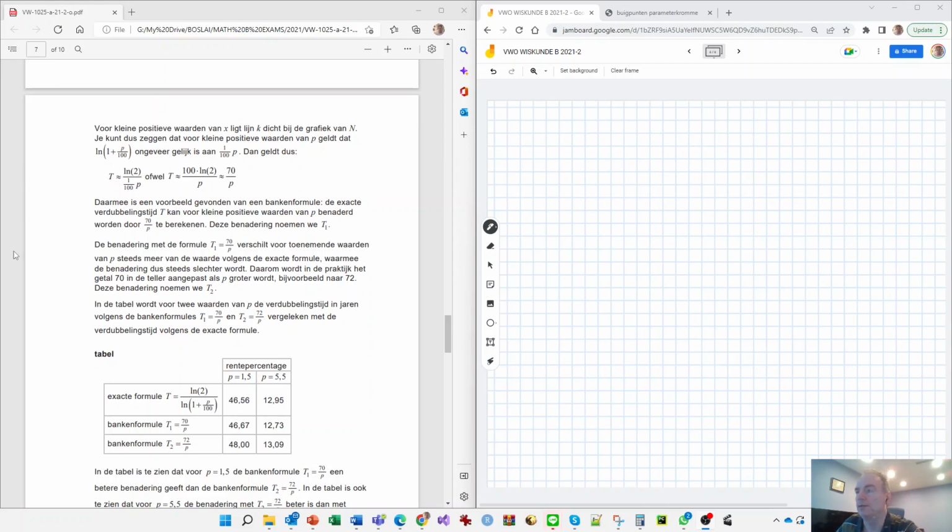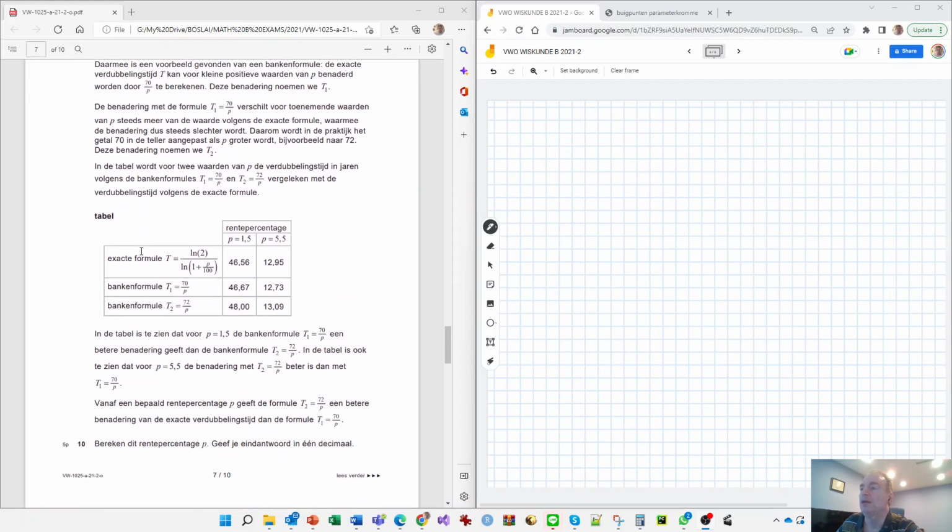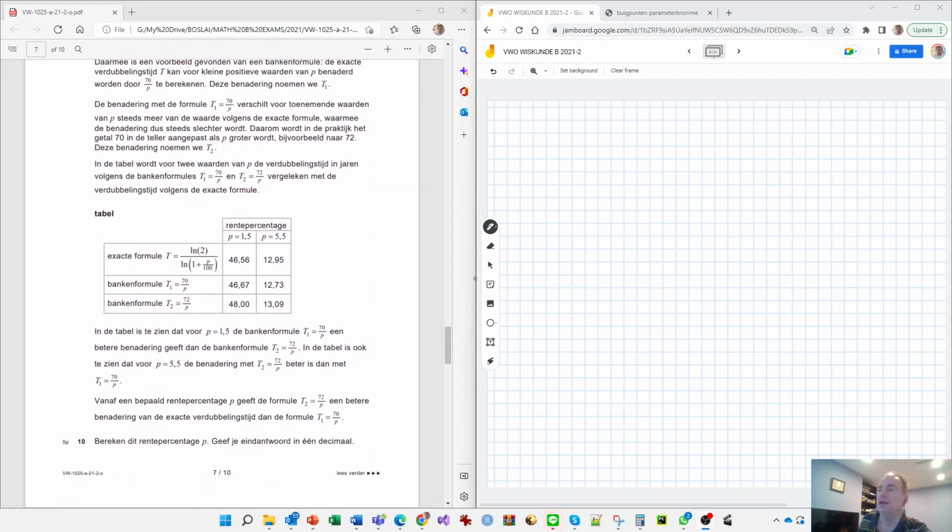And they put this in the table here for 1.5 or 5.5. This is the doubling time in years. So obviously if the interest rate is low, 1.5, it takes much longer than 5.5.